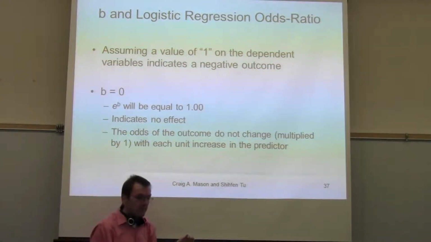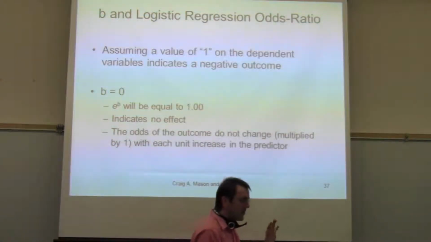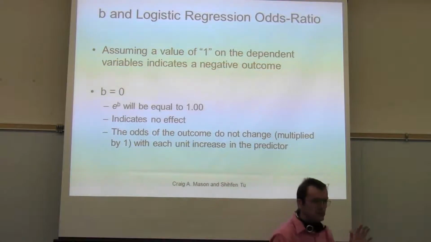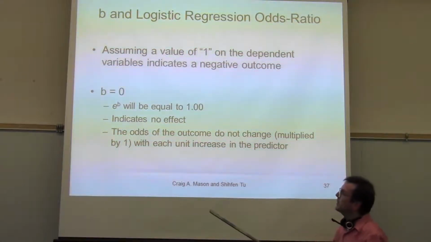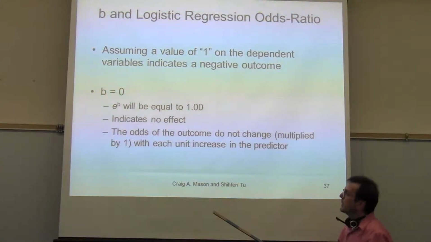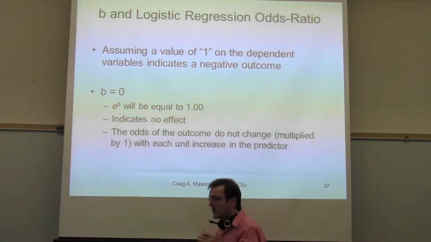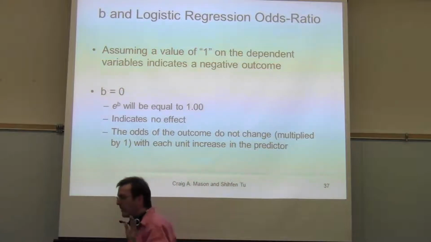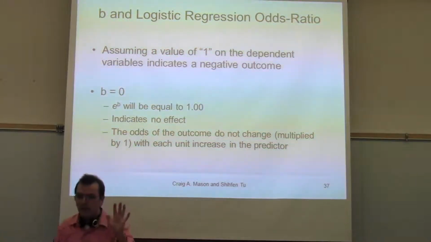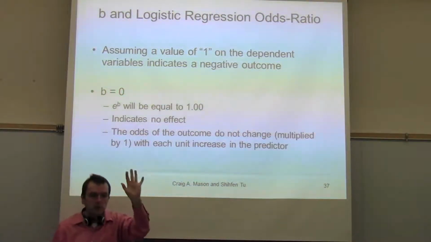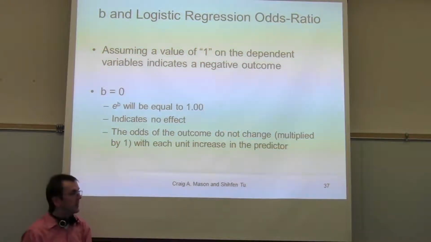Now, interpreting this is somewhat straightforward if we assume that the 1 on the dependent variable is some negative outcome. You dropped out, you were arrested, you died, whatever.